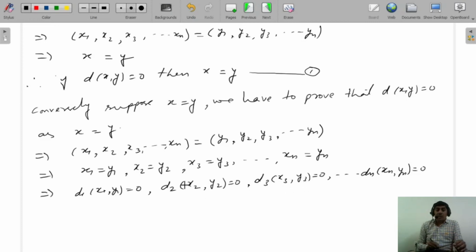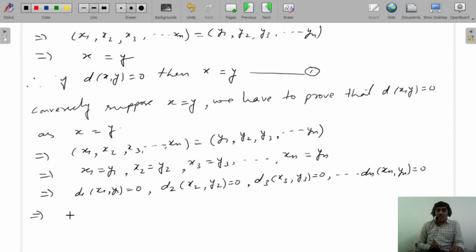So if x1 is equal to y1, therefore d1(x1, y1) is 0. x2 is equal to y2 and x2, y2 is an element of capital X2, then d(x2, y2) is equal to 0, and so on. xn, yn belongs to capital Xn, therefore d(xn, yn) is equal to 0.